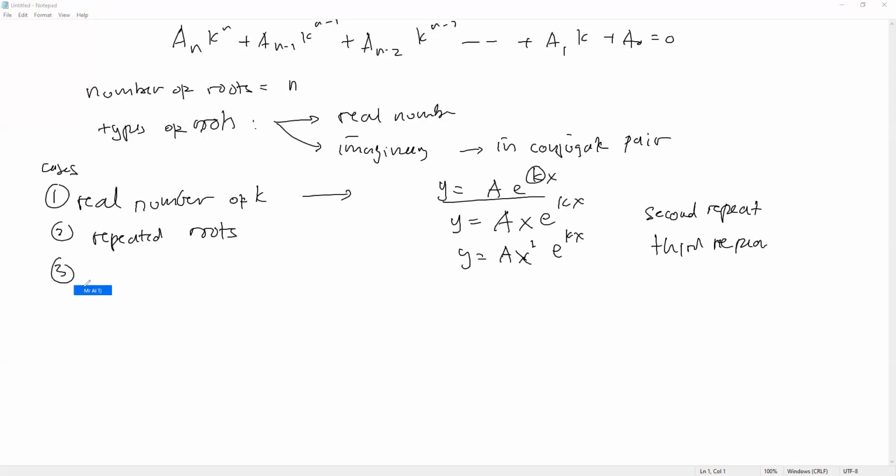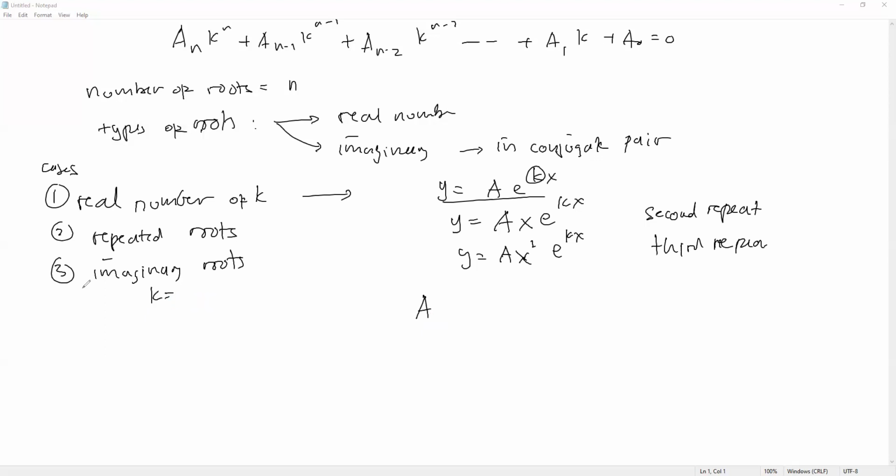How about imaginary numbers? We know that imaginary numbers here will always come in pairs. Actually, it is still possible in this case to find the value of k here. We have them here, a. Now, k is going to be an imaginary number.